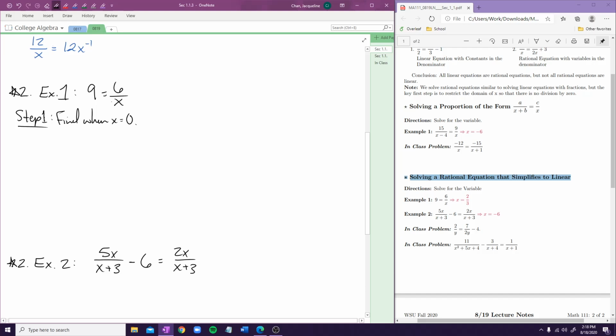So when I look at this, I have 9 over 1 and I have 6 over x. What we do is we get our denominator, which is just x, and we set that equal to 0. Not find when x is equal to 0, sorry.